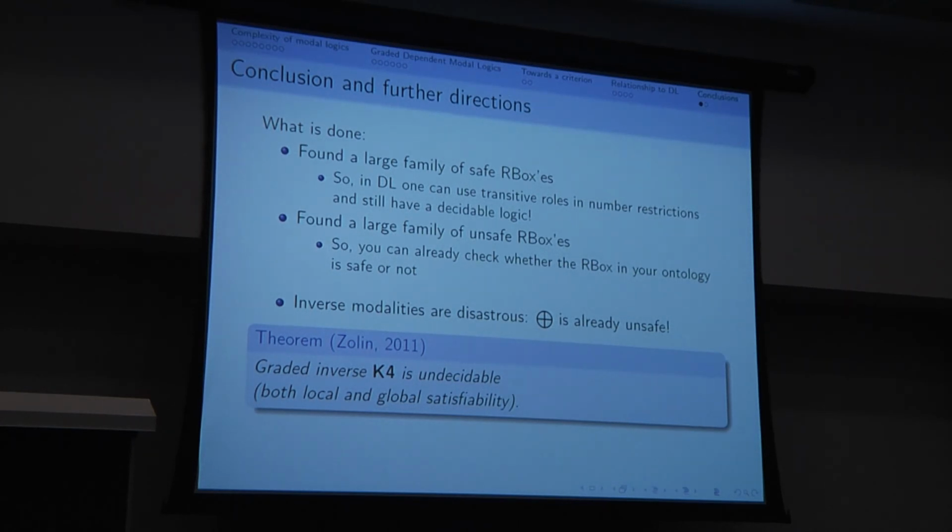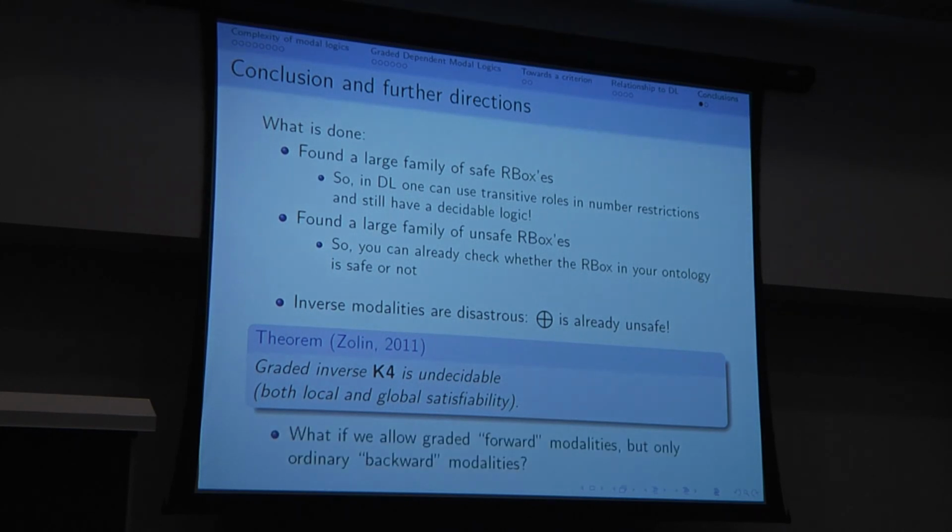So there exist at least 3 children who are doctors, or there exist at most 2 parents who are something. So if we consider a graded inverse modal logic with one modality over the class of transitive frames, it is undecidable. It's just a very recent result.